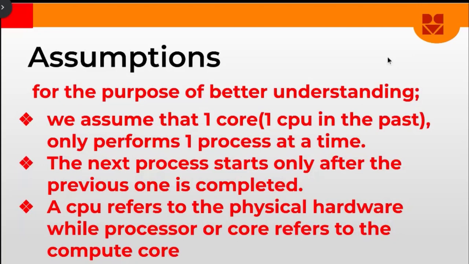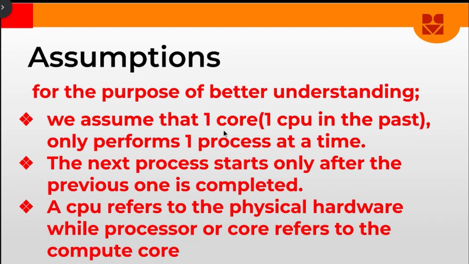Before we start, we first have to make some assumptions. For the purposes of better understanding, we assume that one core, or one CPU core, which is equivalent to one CPU, the central processing unit in the past, only performs one process at a time.